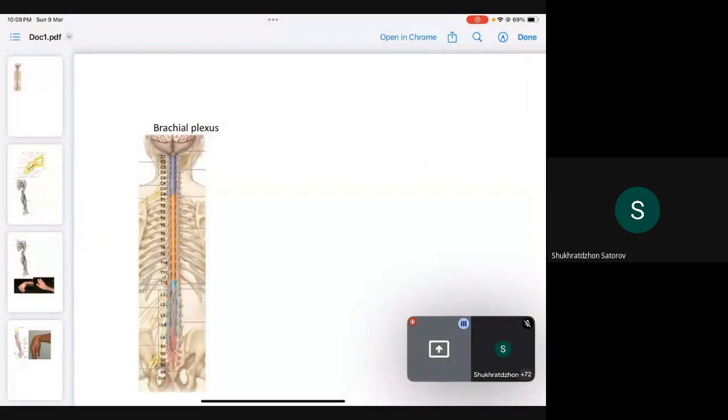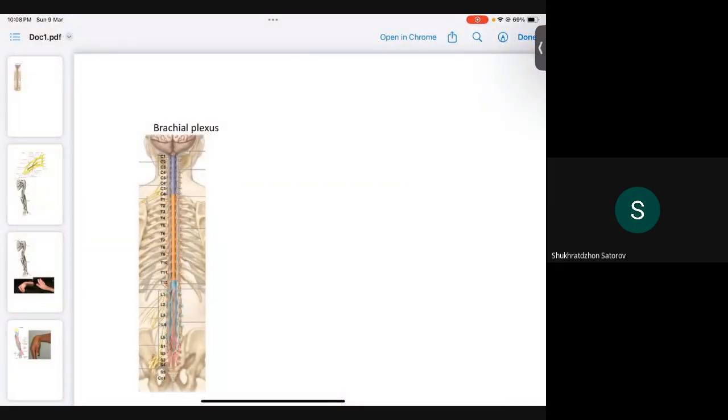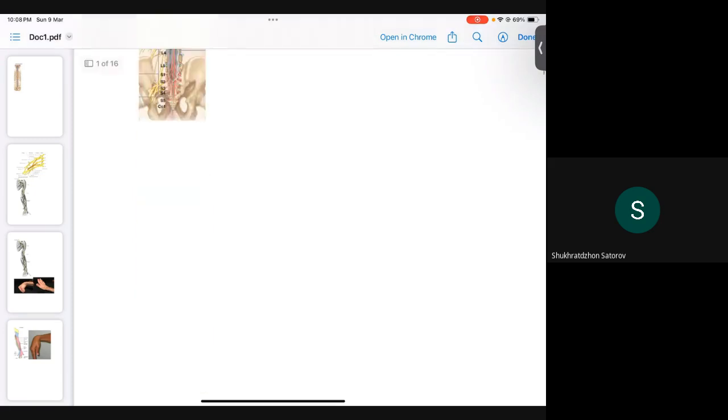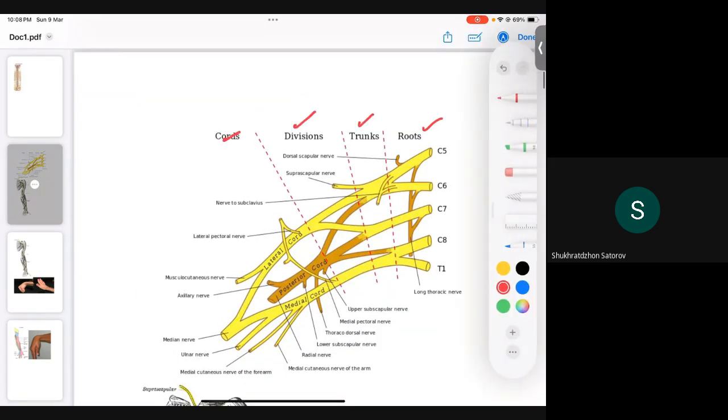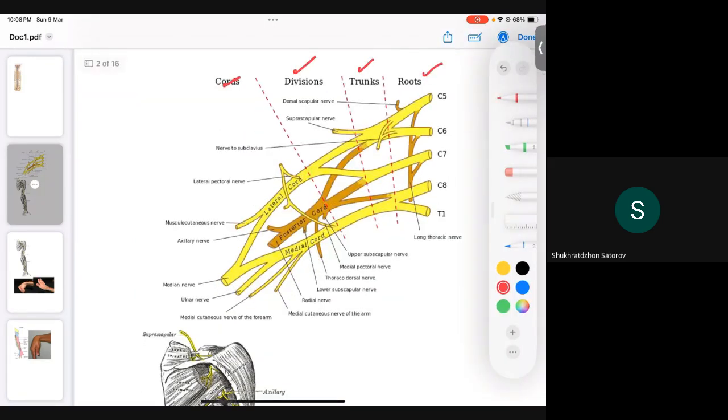Okay, so we were discussing the brachial plexus. We discussed that basically we have a group of nerves which supplies your upper limb. Here you can see we have roots, trunks, divisions, cords, and they ultimately give rise to a group of nerves. For example, we'll be discussing in detail the axillary nerve and its function. We'll be discussing the median nerve, which we already discussed, it's a kind of revision.